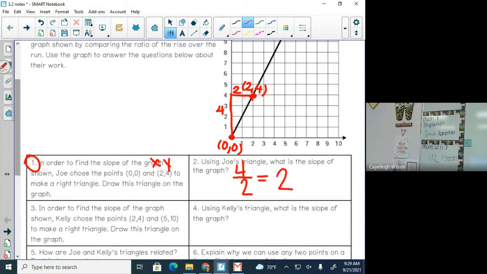All right, I want you all to do 3. So in order to find the slope of the graph shown, Kelly chose (2, 4) and (5, 10) to make a right triangle. Draw this triangle on the graph. So you all do that right now. She chose (2, 4) and (5, 10).